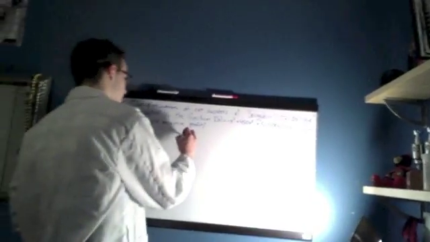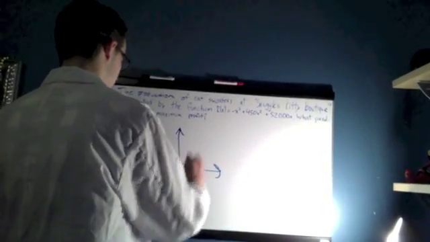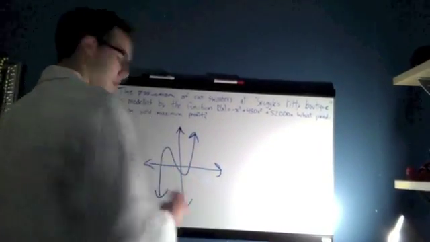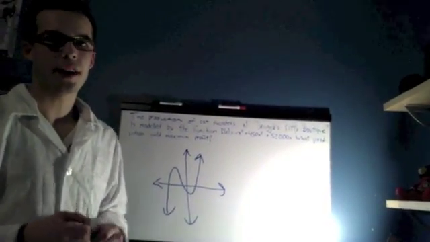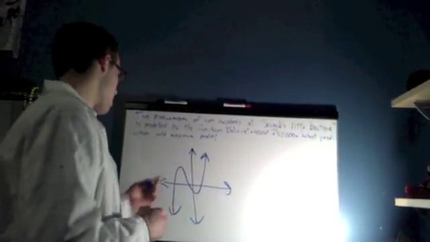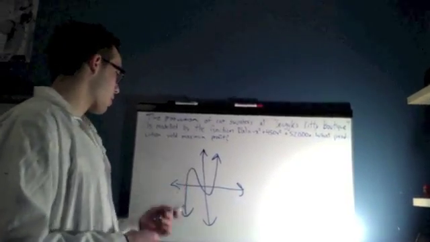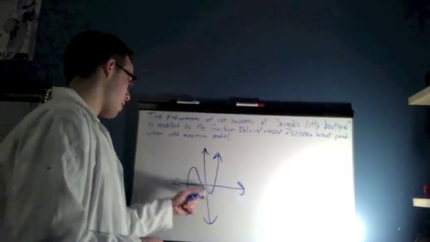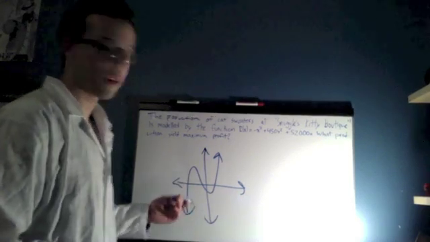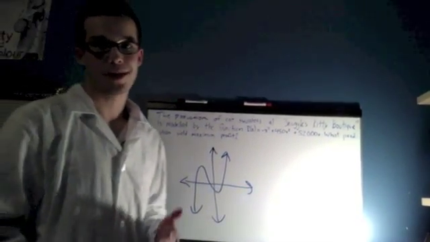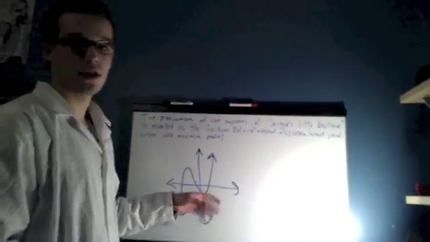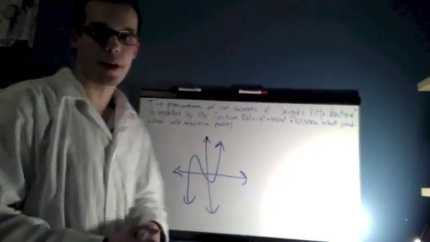Say you have a function that looks something like this, a typical cubic function, and you want to find your critical points, so your extremes. So you have a local extreme here and a local extreme here. A local maximum here, because it's a maximum, but it's not the full maximum. It's a local maximum because it's not for the entire function, it's just for one area, and a local minimum.